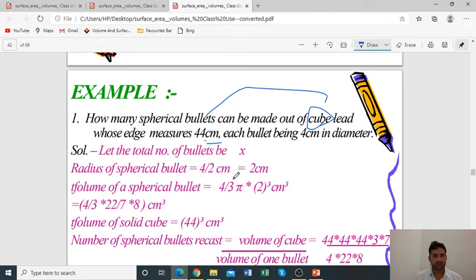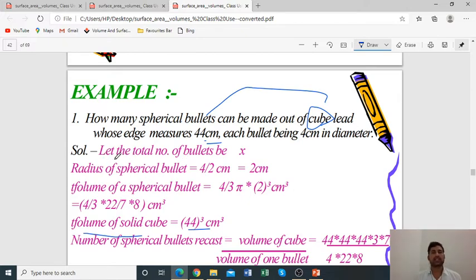So first we find the volume of the solid lead. The volume of the solid lead is l cube, so 44 multiplied by 44 multiplied by 44.